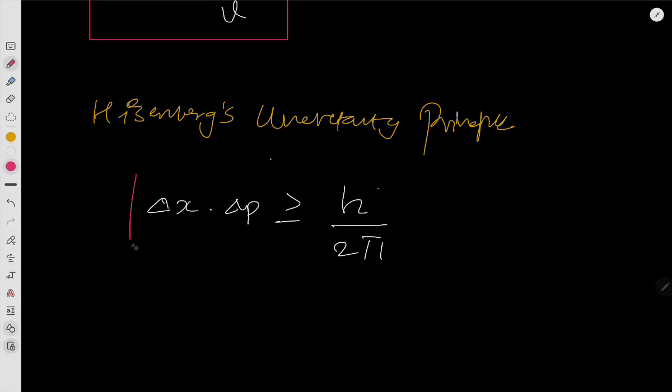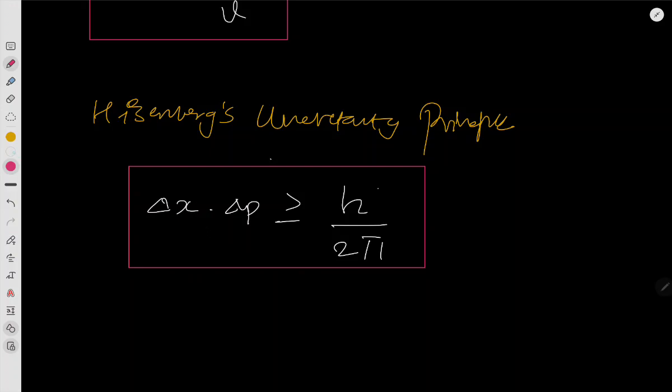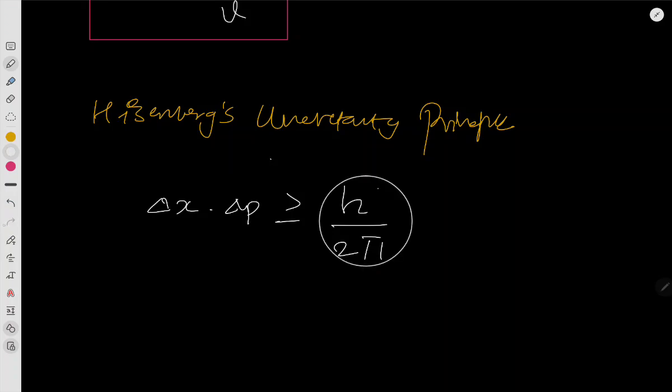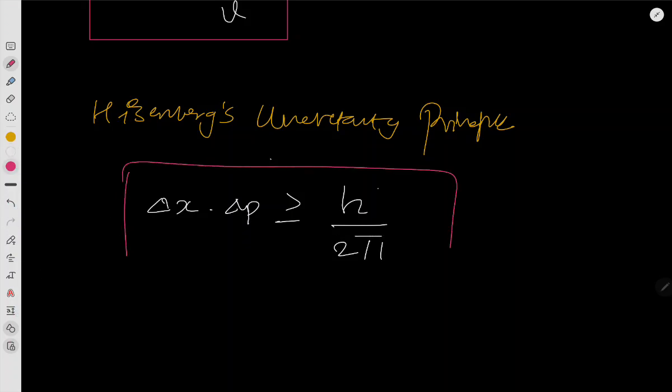So now what is delta x and delta p? Delta x is the error in the displacement and delta p is the error in the momentum, whose product will always be greater than or equal to h upon 2 pi, where h is a constant. So this being said, this is an important thing once again.